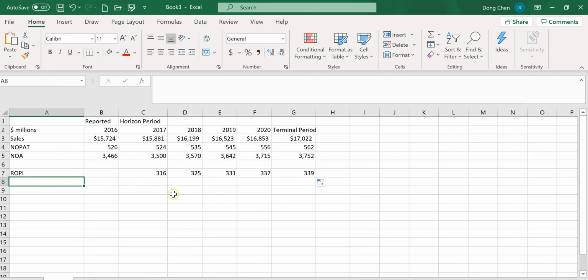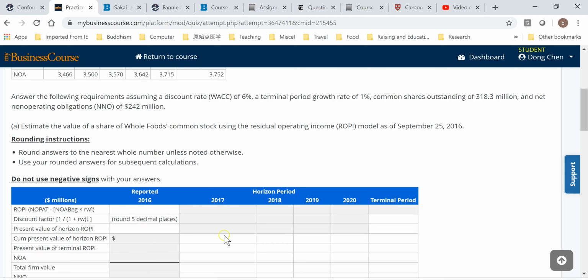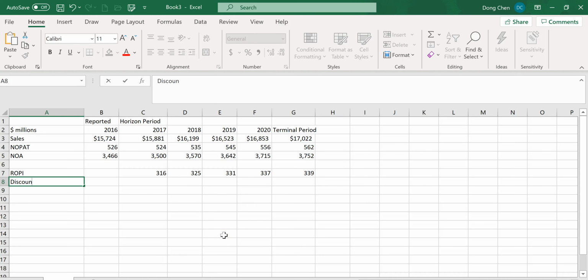So that's basically ROPI. Then the next one is the discount factor, right? So for the first year, it's going to be 1 over 1 plus the discount rate. And the discount rate is 6%. For the first year, I don't need a power because the power here is 1, but I still want to put a power here.